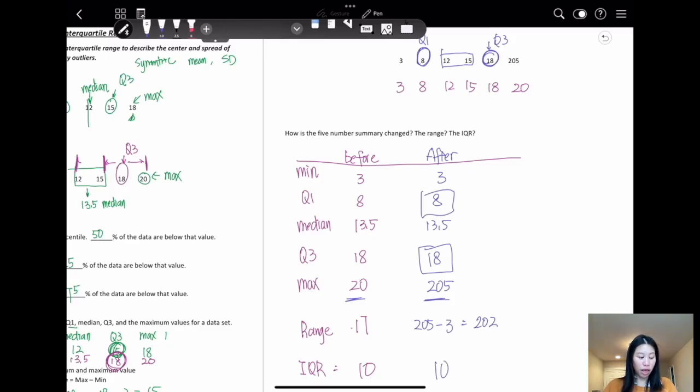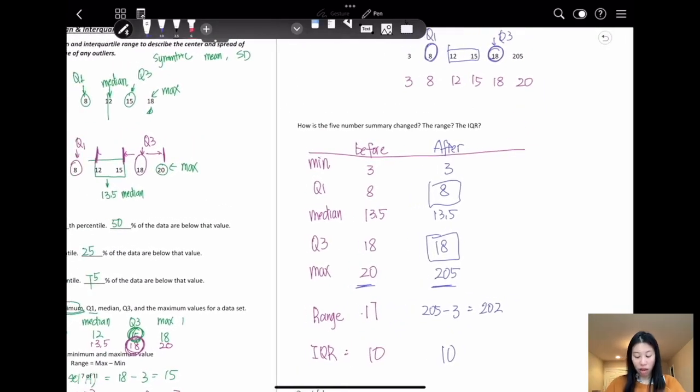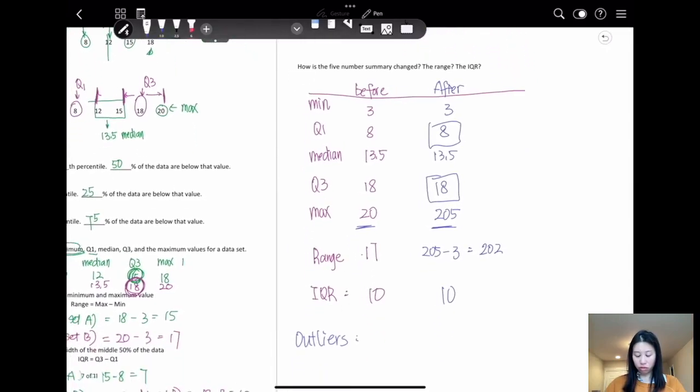That means what? We can summarize that the outlier doesn't affect the five number summary or the IQR, but the range of the data is going to be affected by the outliers.